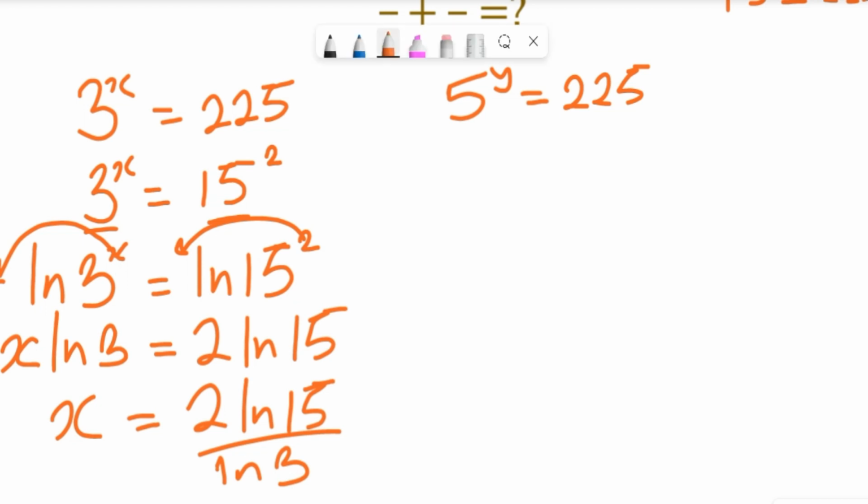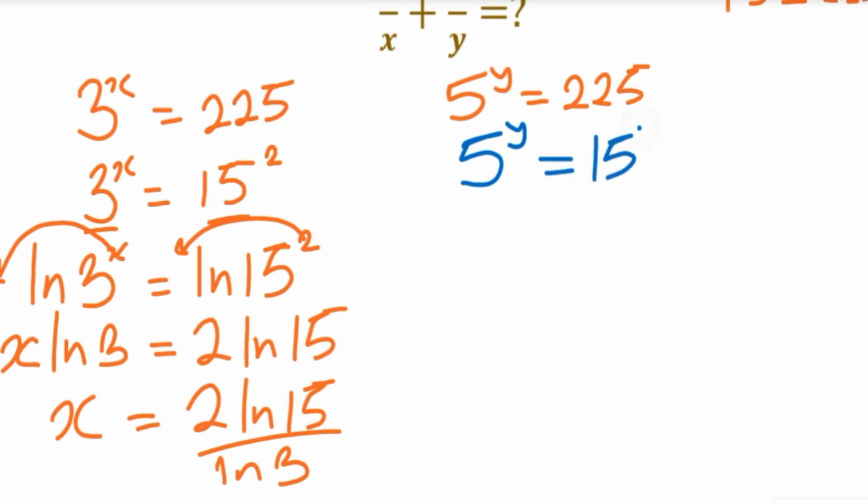Now let's come to this other expression. To solve this other expression, we are also going to take the natural log of both sides. So 5 to the power of y will be equal to 15 to the power of 2. So the natural log of 5 to the power of y will be equal to the natural log of 15 to the power of 2.